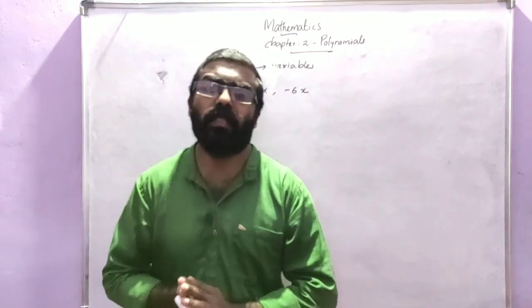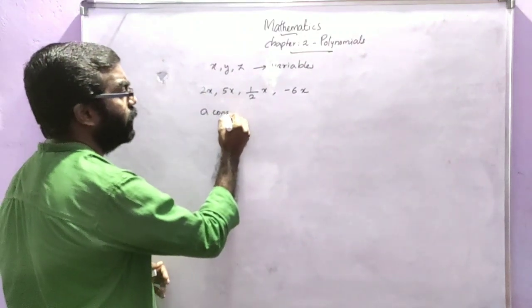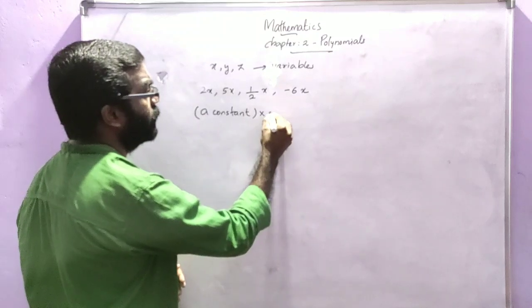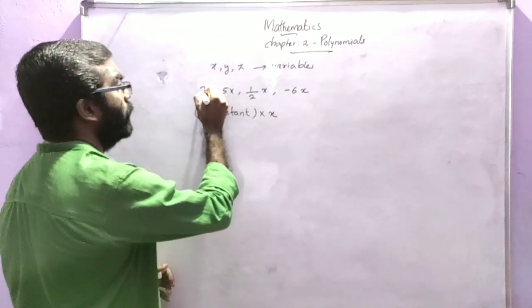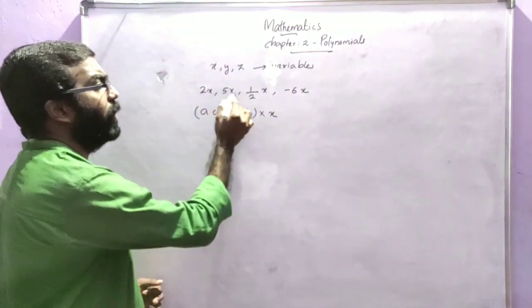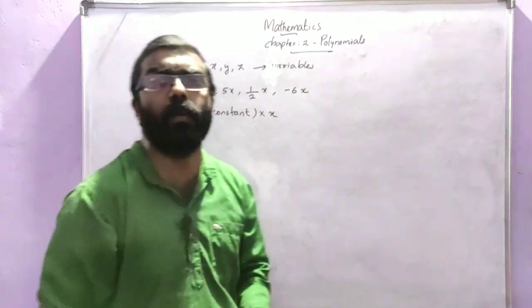All these expressions are of the form a constant into x. Here first example 2 into x. 2 is a constant, x is the variable. 5x, 5 into x, 1 by 2 into x, minus 6 into x.